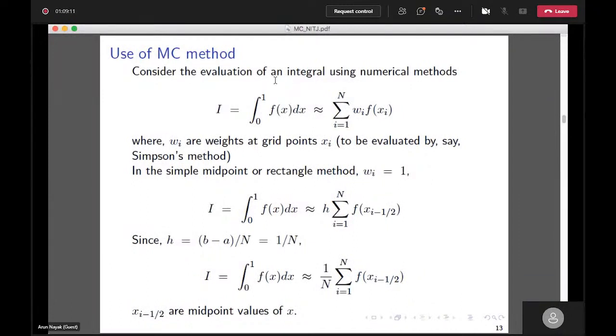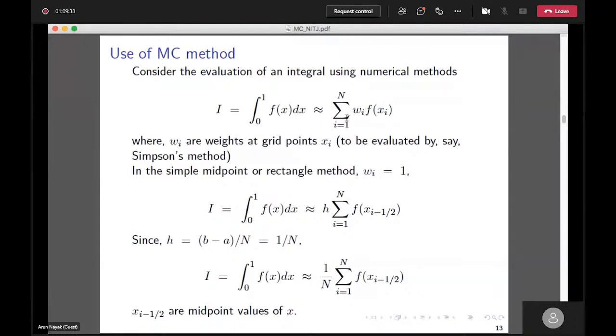Suppose we want to do this integration of the PDF f(x) dx between 0 and 1. Typically in the Newton-Cotes method, the integral is equal to the sum, where i goes from 1 to n, the number of grid points, of w_i f(x_i). The w_i are the weights at each grid point.